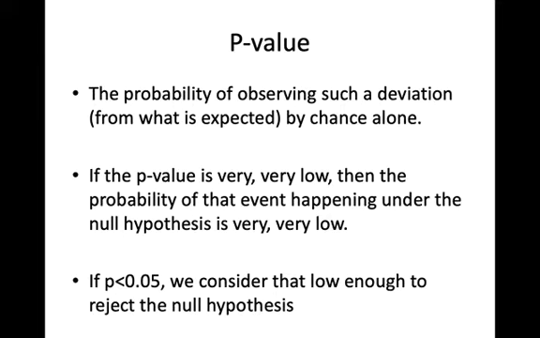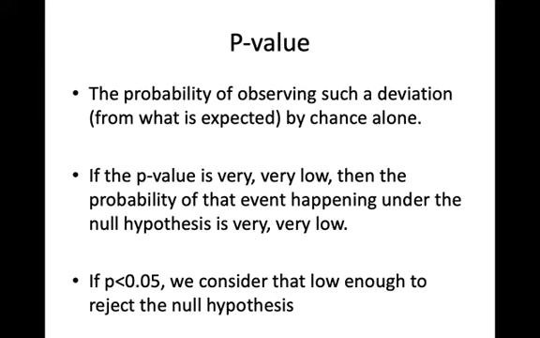And a p-value, you should remember this definition, so we will see other definitions out there, but the p-value is the probability of observing such a big deviation from what is expected by chance alone. You're going to get deviations from expected. You're not going to always see a 3 to 1 ratio, but when there's a big deviation, that is going to give you a low probability, and so we call the p-value the probability of observing such a deviation.